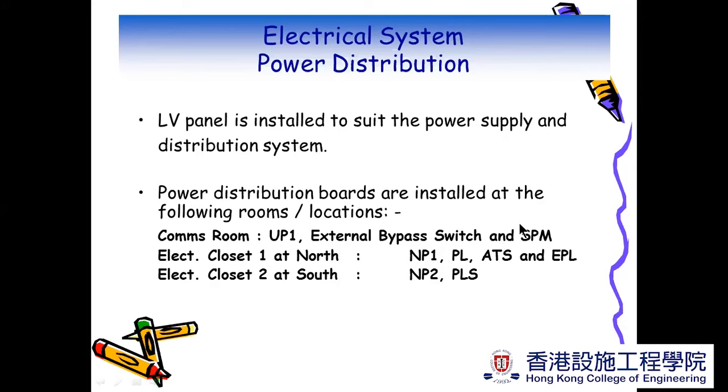SPM is a kind of a power monitoring system. And also sometimes they may filter some harmonic issue as well. And then, as we saw before, there's one main control panel on the north side and one on the south side. You remember there's one there and one there, right? The NP means normal supply.